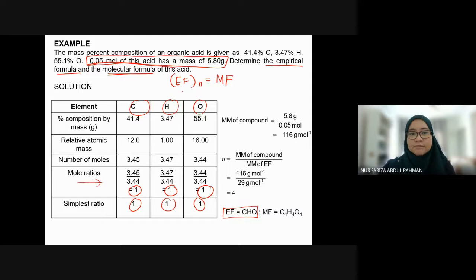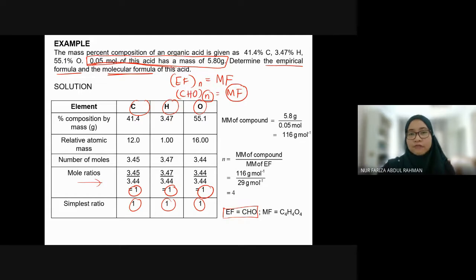Take for example, we have the empirical formula already, CHO, and then N times it is equal to the molecular formula. In order to find the molecular formula, we need to find the value of N first.